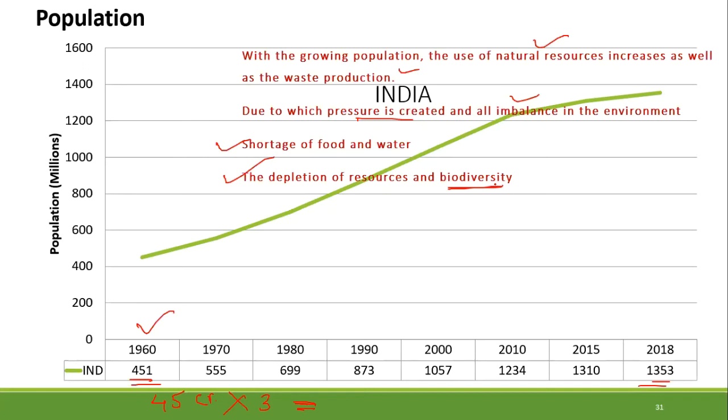So there is also an impact on biodiversity, deforestation like that. And ultimately the quality of life decreases. There is scarcity of food, scarcity of water, so adulteration of food happens, and ultimately it is harmful for the quality of life. Correct.